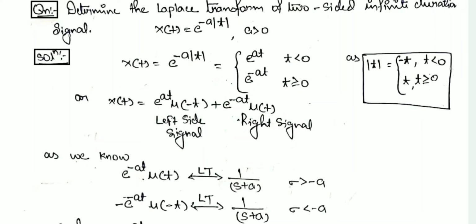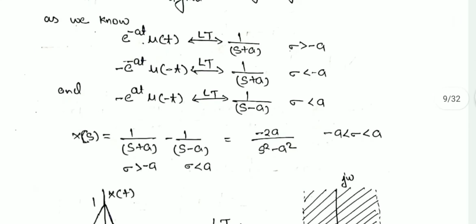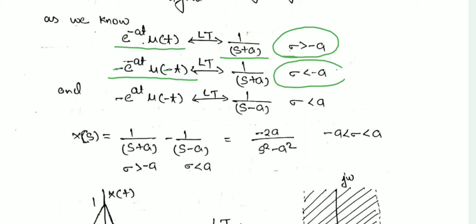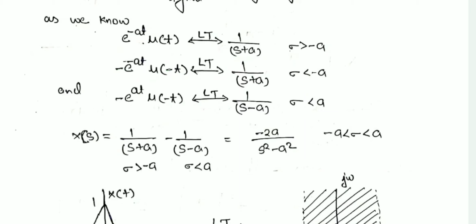Now find the properties of the individual signals. We know that e to the power minus at u of t becomes 1 upon s plus a. If we combine both, the Laplace transform is the same, but the ROC here is greater than minus a, and here the ROC is less than a.